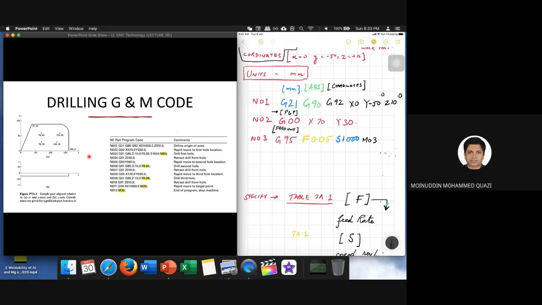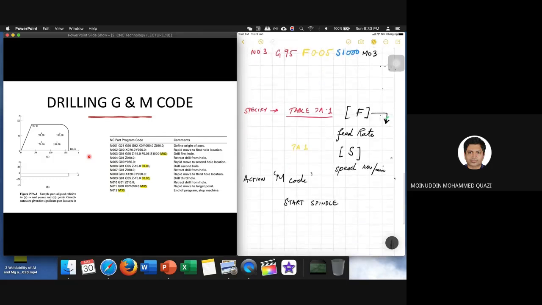So my spindle has started. Now that the spindle has started, the tool is rotating. Now I will tell it to go down and drill. So to move means G01. I have to make the cutting process while moving down, which is linear interpolation.